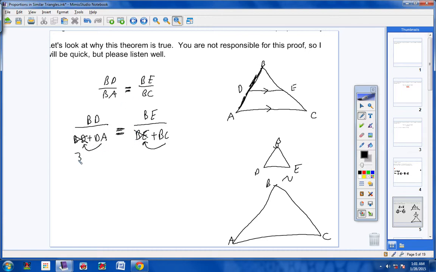It's like taking 3 away from both of the denominators, and the denominators are already equal, okay? So, with that in mind, if I take away this and this, I'm left with BD over DA equals BE over BC.